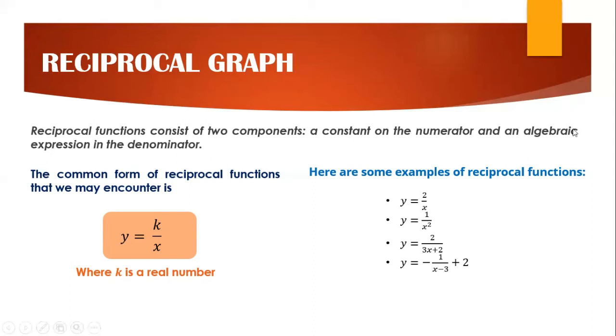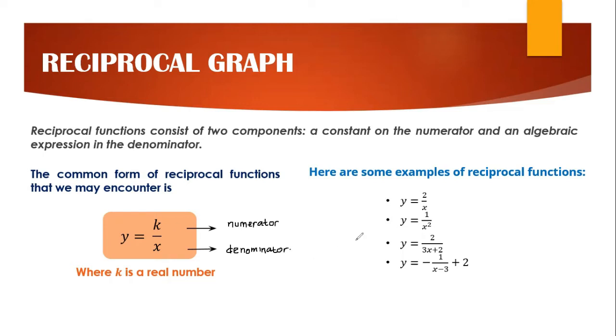Is it clear to everyone? So y equal k over x, where k is a constant numerator and an algebraic expression is the denominator.